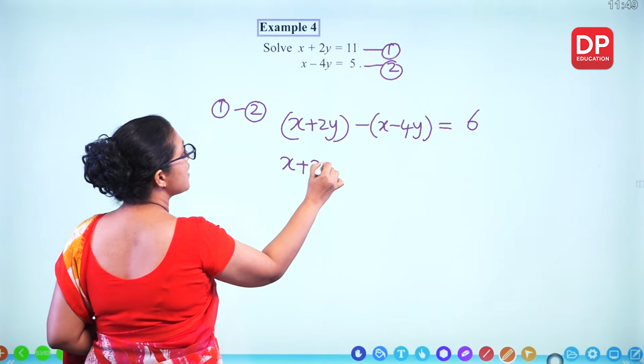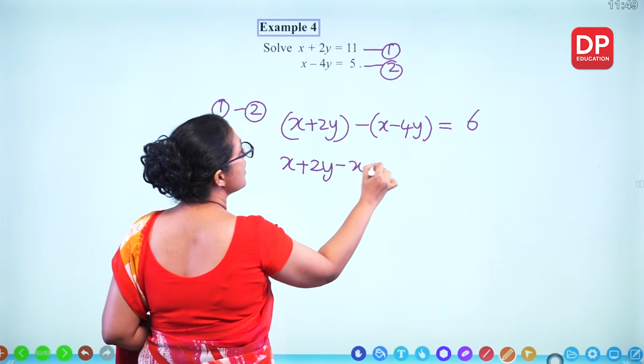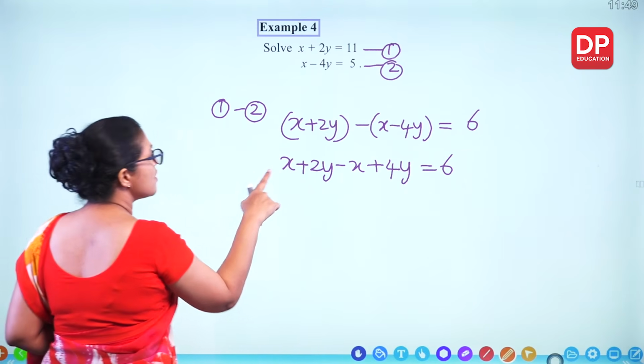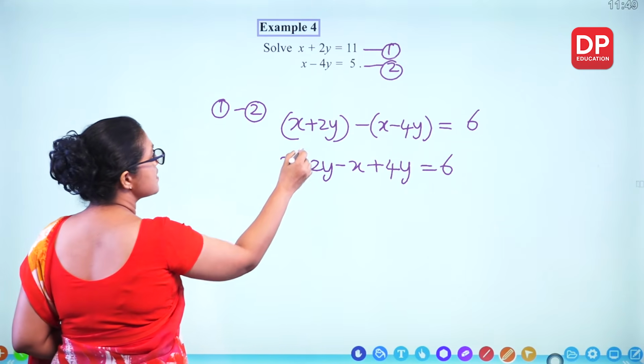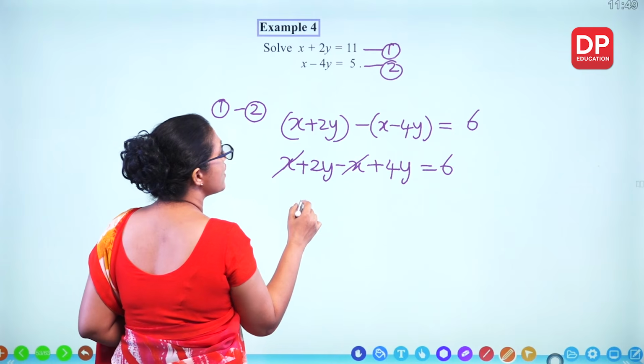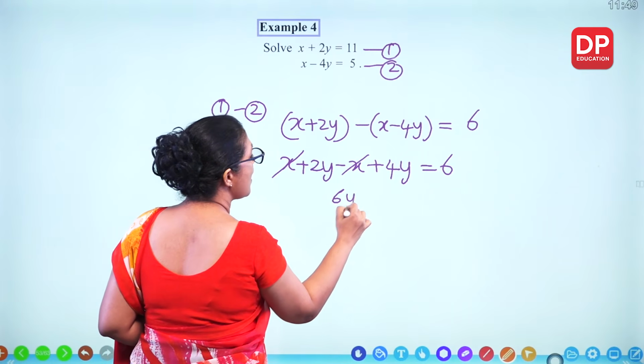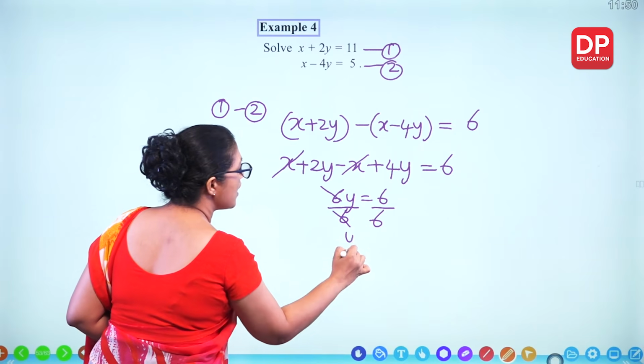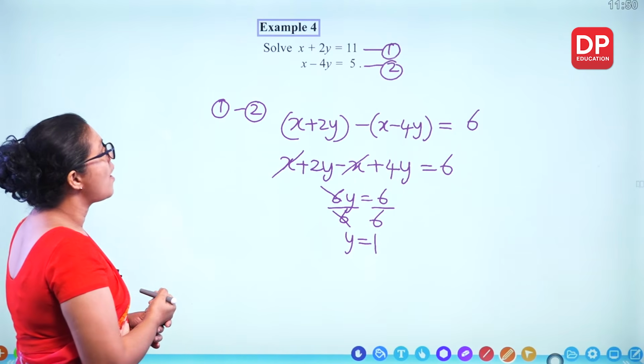Now expand brackets. You get plus 4y equals 6. X and minus x get cancelled out. You get 2y plus 4y, 6y equals 6. Divide this by 6. You get y equals 1.